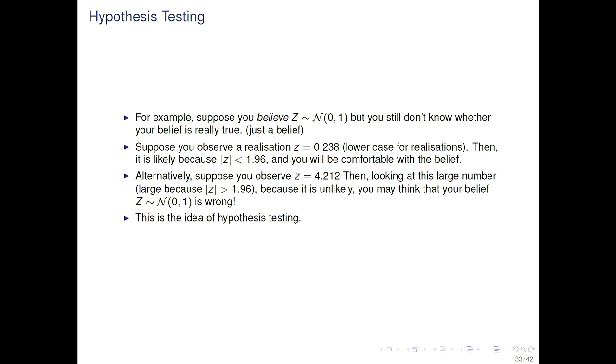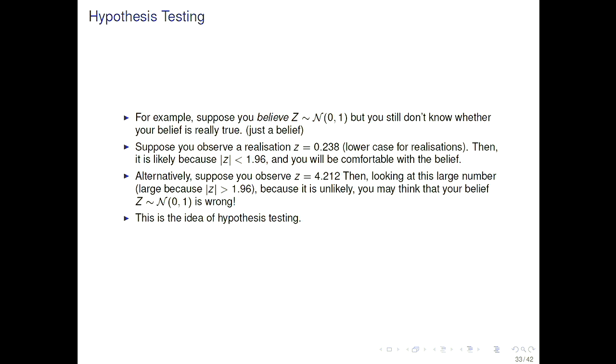So this kind of error, where we mistakenly reject the null hypothesis when the null is right, is called type 1 error. And in that case, the error probability is, as you see over here, 2.5% plus 2.5%, therefore it is 5%.